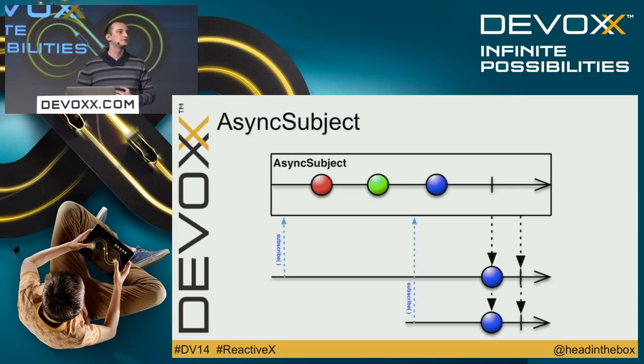Any more questions? Yes? Why should we avoid using subjects? Because when you use subjects, not in all cases, but in 9 out of 10 cases, it means that you're depending on some type of mutable state, right?